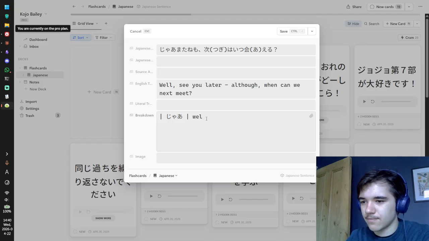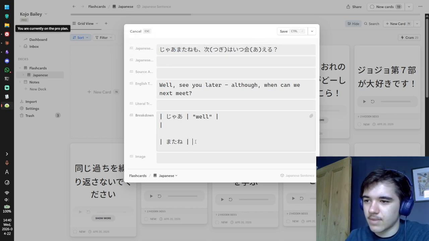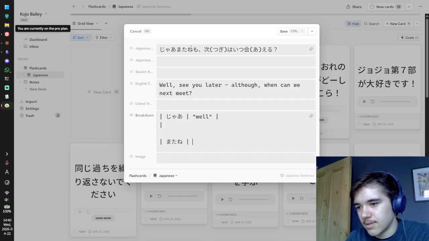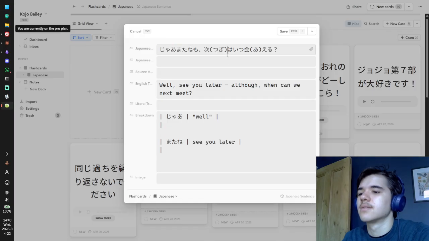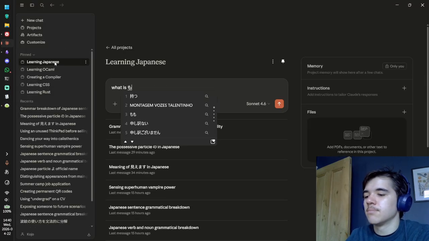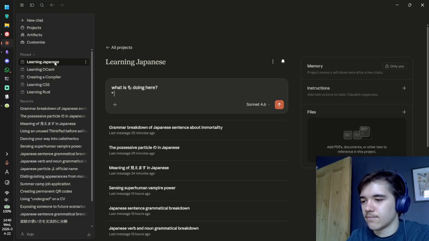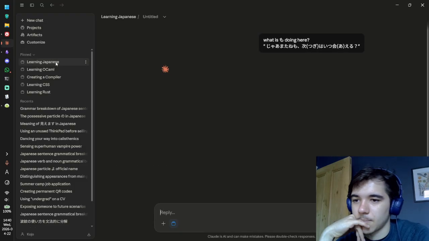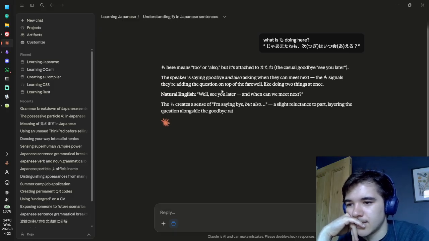So we got ja, which is like, well, matane, meaning see you later. Although, what is mo doing in the sentence? That's my question. What is mo doing here? To or also, but here is attached to the thing.